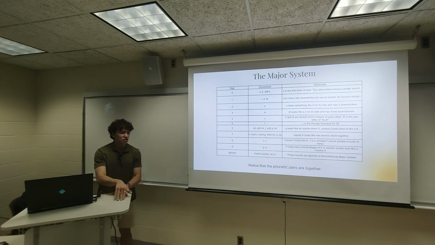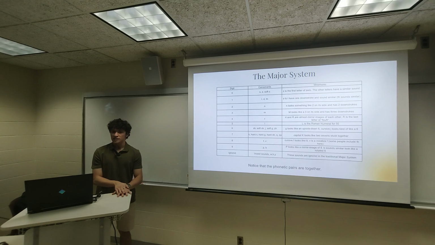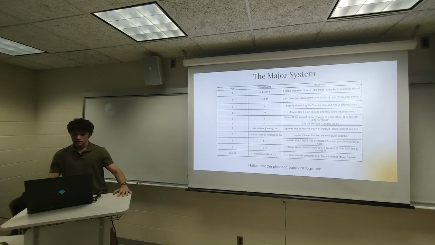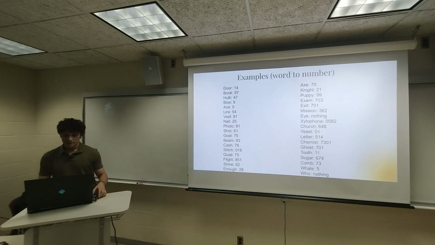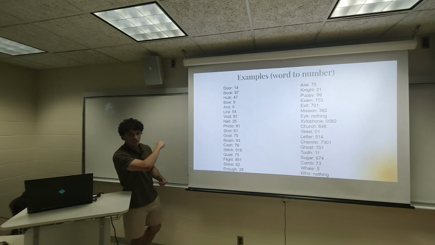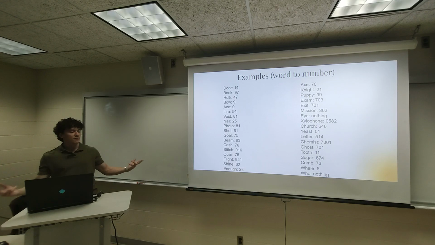So the hard G is in guest and the soft G is in gist. Okay? Thank you, that's a good one. If I had remembered this one, I would have put it in the slides. So gist would be 601 and guest 701.